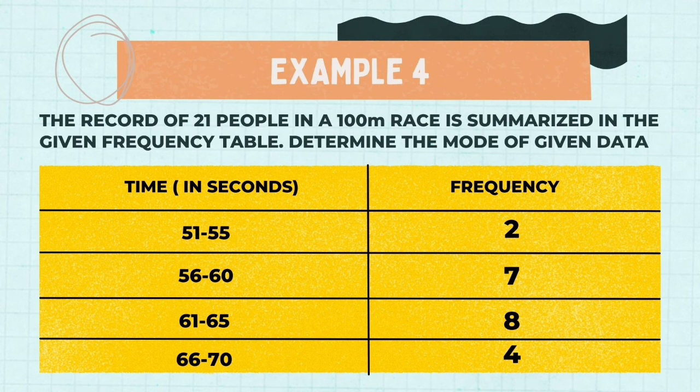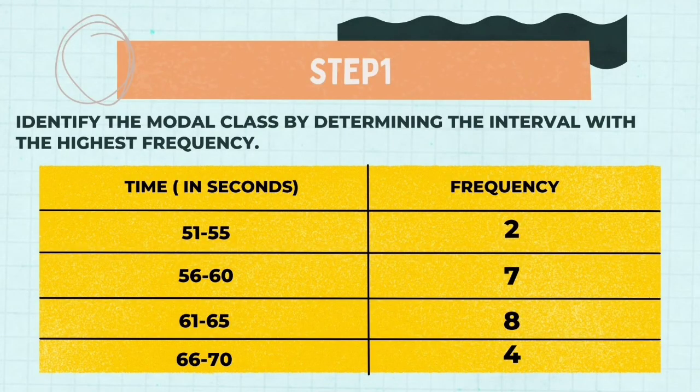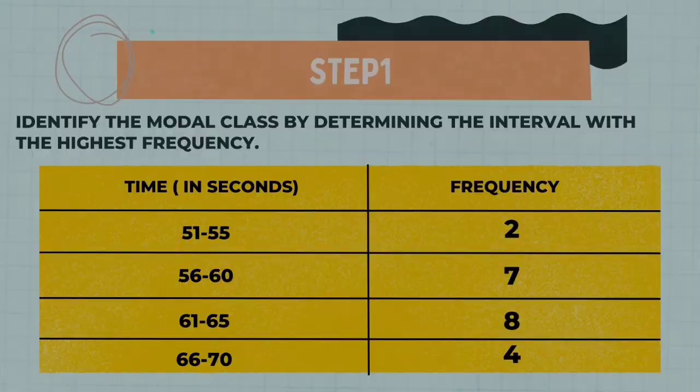Again, as with our median example, we're given time in seconds and frequency. Step 1. Identify the modal class by determining the interval with the highest frequency. We have 61 to 65 since it has the highest frequency among the classes.